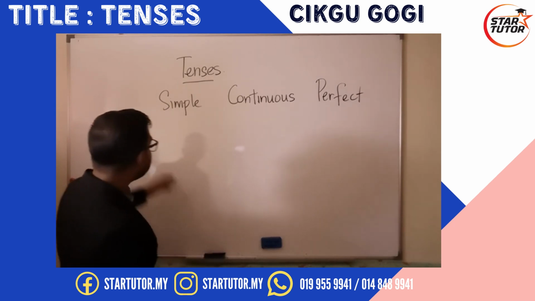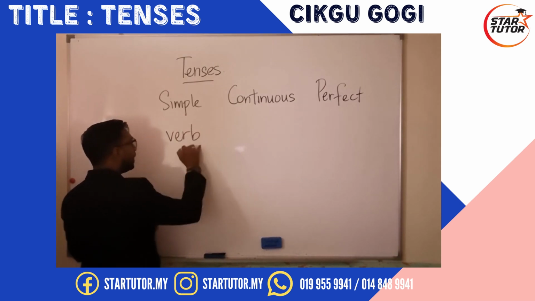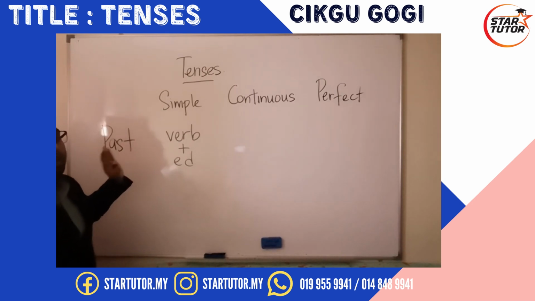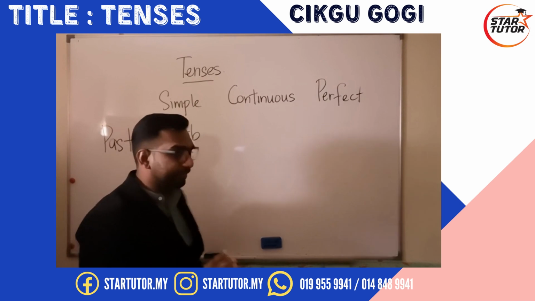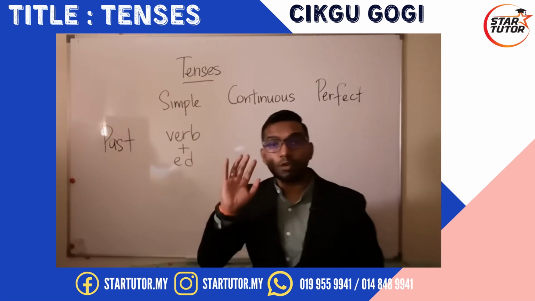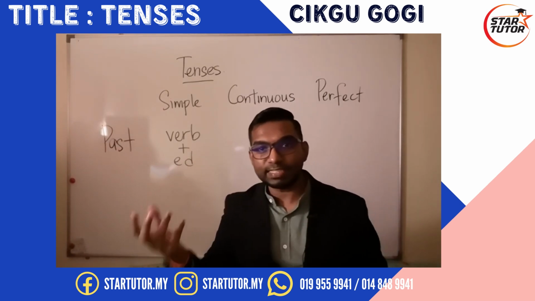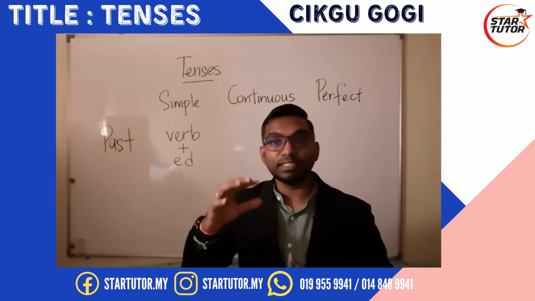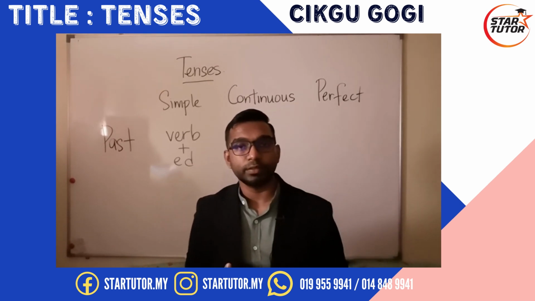So for simple past, the form is verb plus ed, and this is for regular verbs. Another important detail that I forgot to mention is that tenses are only for verbs, because in the English language, when you change the verb into different tenses, you can change the meaning of the whole sentence, of the whole situation.